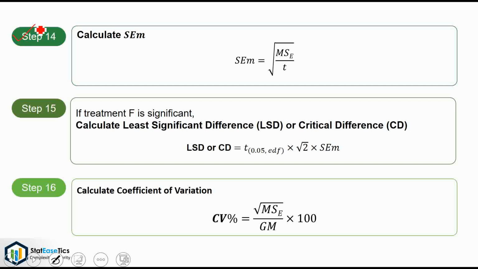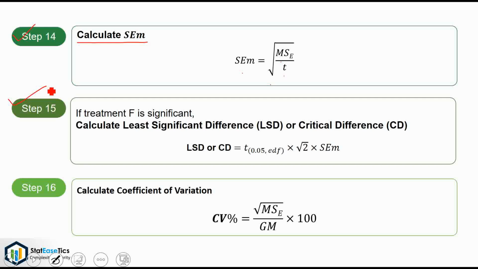Step 14 is calculation of SEM, that is standard error of mean. SEM is equal to root MSE divided by T. Step 15 is calculation of LSD, that is least significant difference, or CD, that is critical difference.